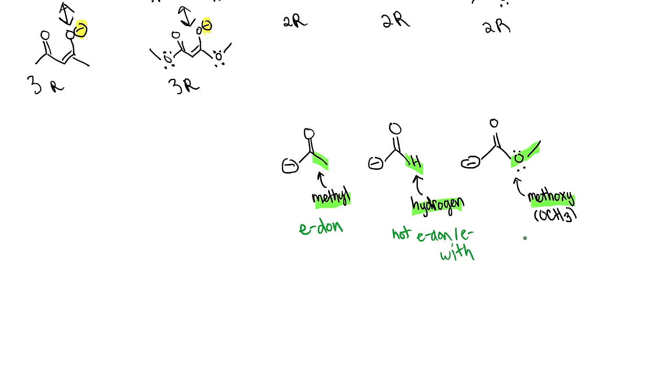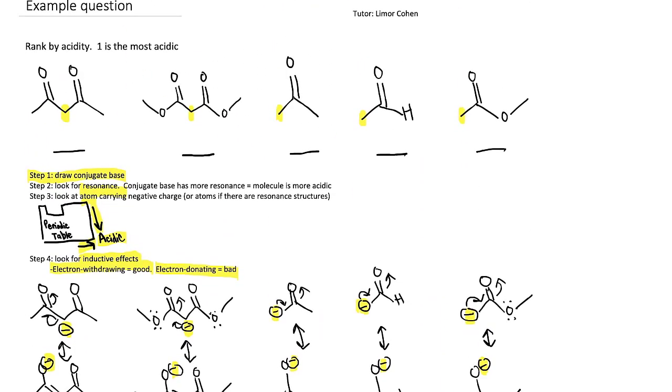Methoxy groups are actually electron donating, so these will destabilize our negative charge. So I have 2 electron donating groups, so those are going to be ranked last. I have a group that's not electron donating or electron withdrawing, so I'm going to go ahead and rank my aldehyde number 3.